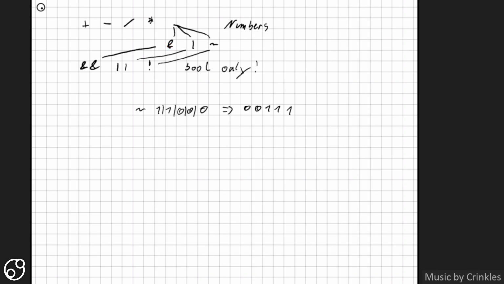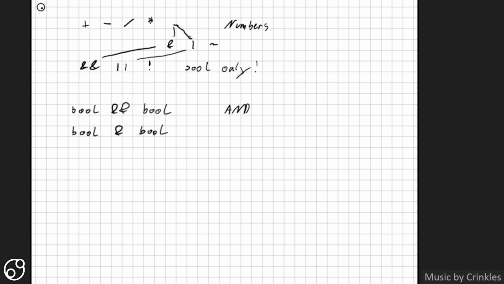You can also combine, at least, well, this, I'm not too sure about this one actually, but these two actually work on numbers, bitwise. We can have a bool and bool, which is just an and, or you can have bool and bool with the double symbol, which is also just an and.